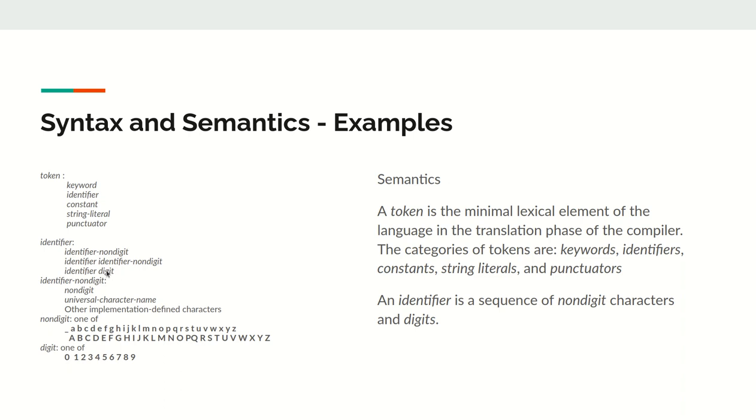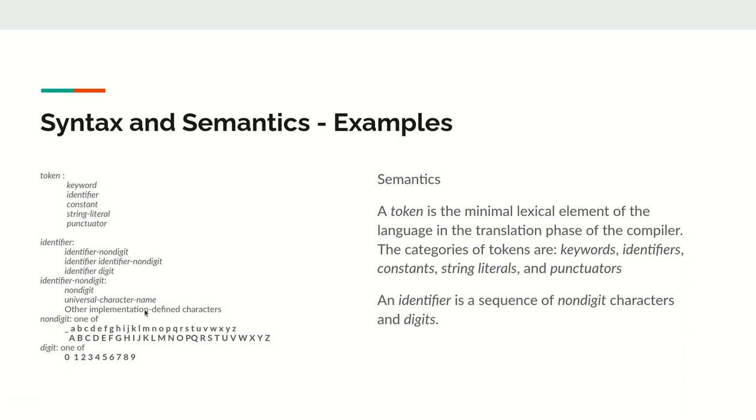Identifier-nondigit is again a non-terminal, and it is defined with non-terminals again: nondigit, universal character name, and other implementation-defined characters. So it is any one of these. Here, other implementation-defined characters are based on the vendor, like whether it is GCC, a Borland compiler, or a Turbo compiler.